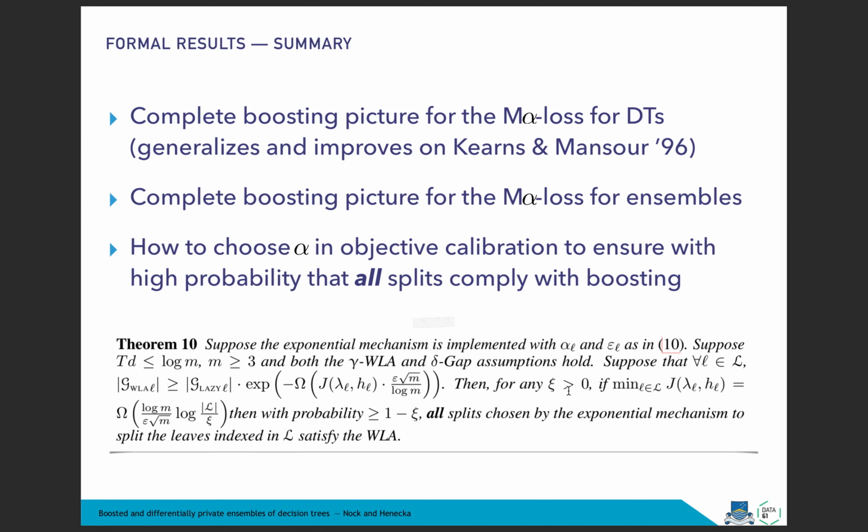And finally, we introduce this way to tune alpha, what we call objective calibration, to ensure with high probability that all splits that we choose in a tree can actually comply with boosting. This goes with the assumption, of course, of the weak learning assumption being 1. The details of this theorem and the explanations are in the paper.